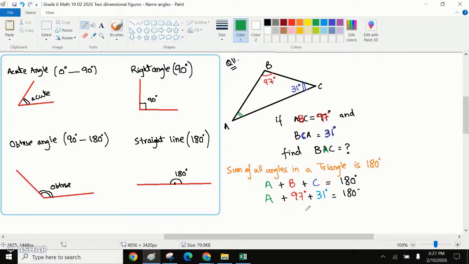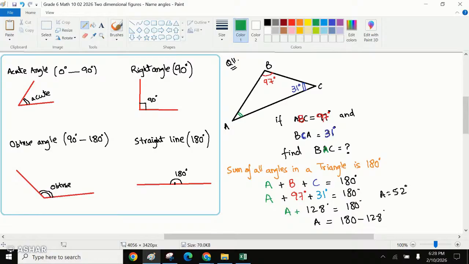And we can say A plus 97 plus 31 is 128. 97 plus 31, 128. Should be 180. When we subtract, A would be 180 minus 128, and A comes out to be 52 degrees, right?